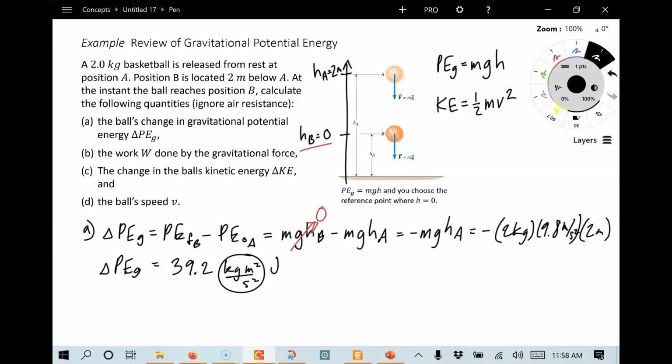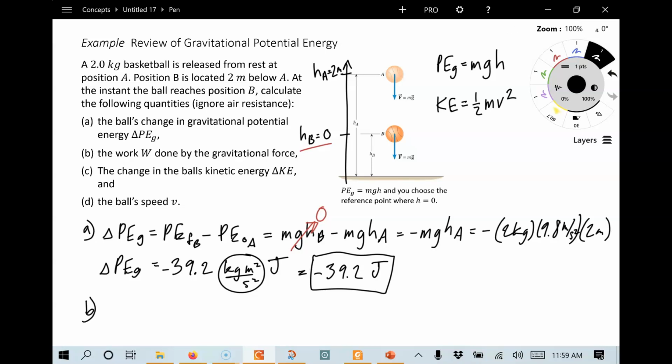That's a joule right there. So we end up with 39.2 joules. Oh, I forgot something. What did I forget? There's a minus sign there, right? Negative 39.2 joules. So the potential energy has decreased because the ball has fallen from a higher to a lower potential energy.